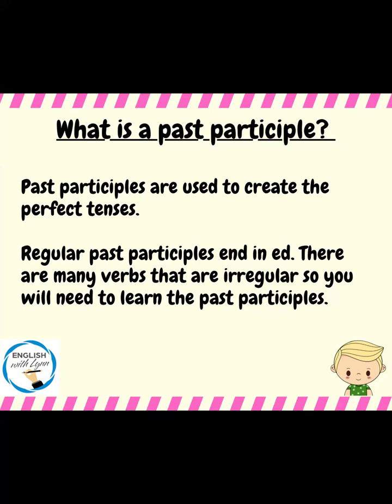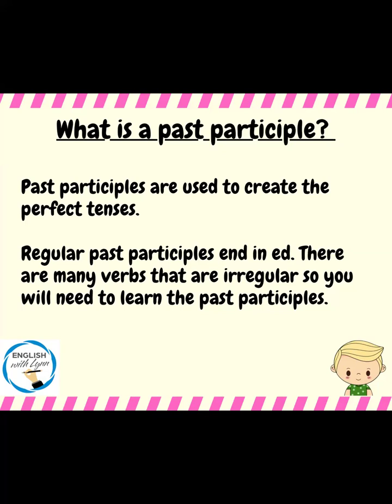So you will need to learn them so that you can create any of the perfect tenses. Now, with the perfect tenses, it is the auxiliary verb that helps you to know if it is past, present, or future.